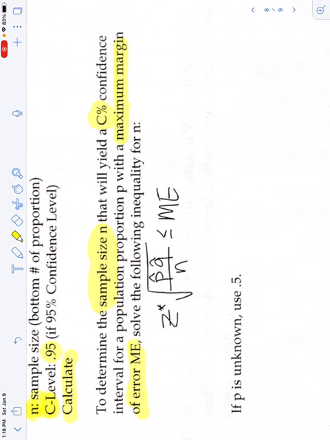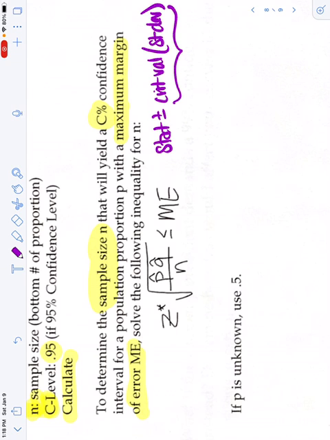So here's what you're going to do. Statistic plus or minus critical value times standard deviation. All right. This part right here is your margin of error.